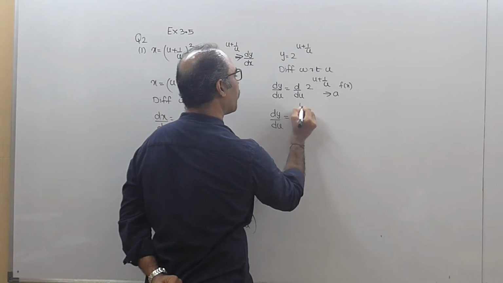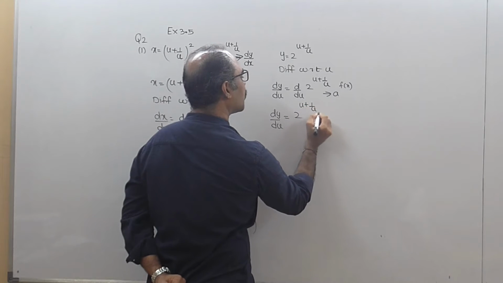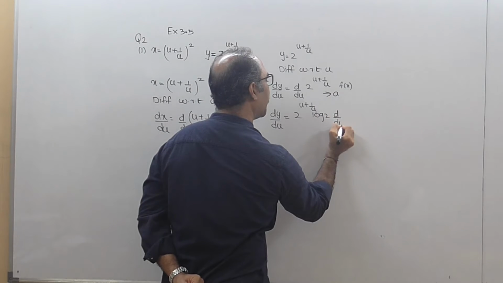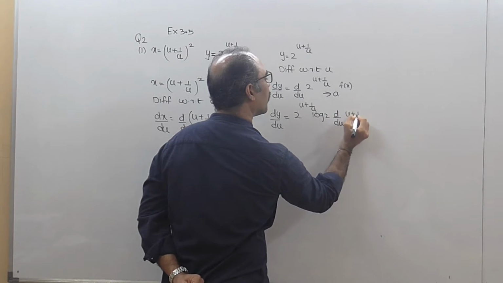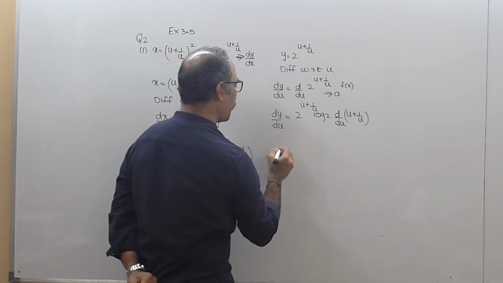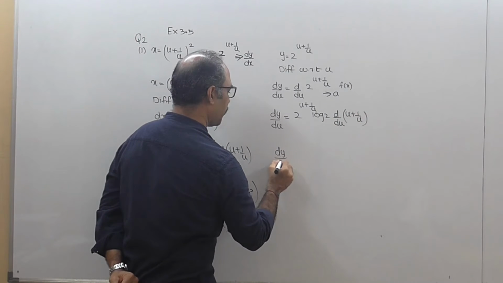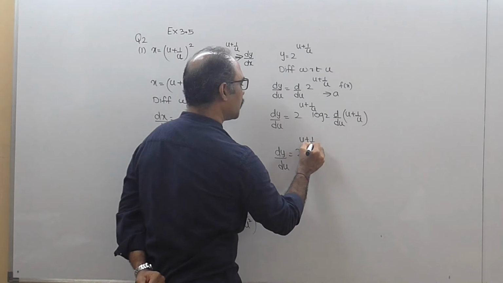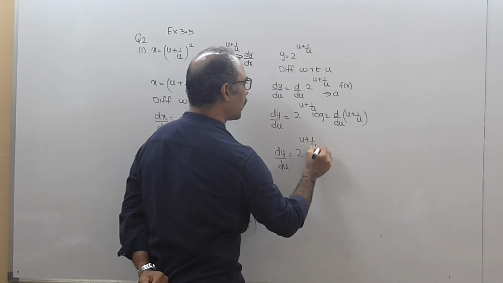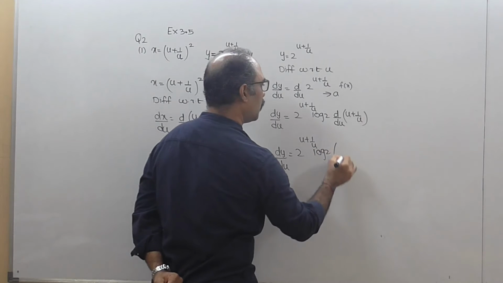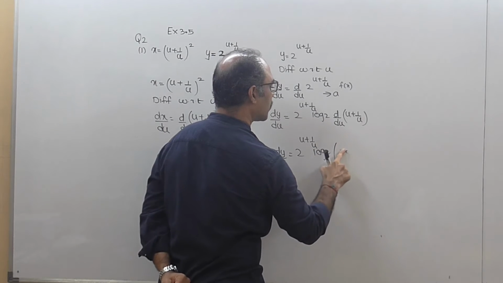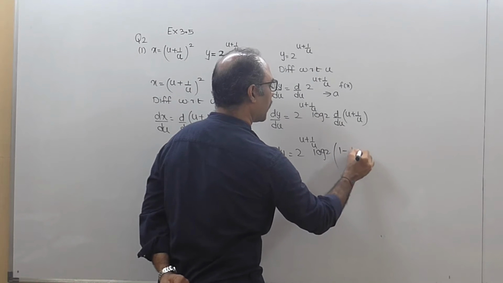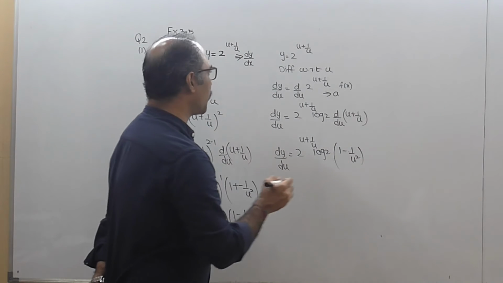Derivative of a raised to f of x is a raised to f of x log a d by du of u plus 1 upon u. We get dy by du equal to 2 raised to u plus 1 upon u log 2. Derivative of u is 1 and derivative of 1 upon u is minus 1 upon u square.